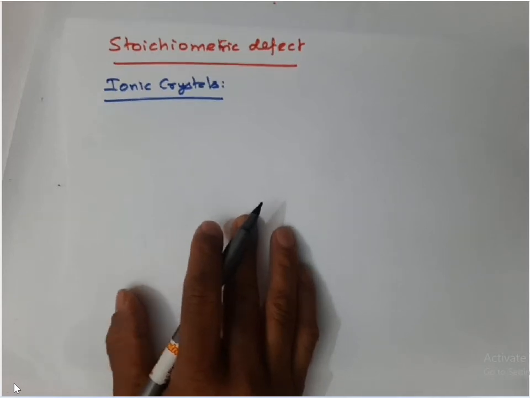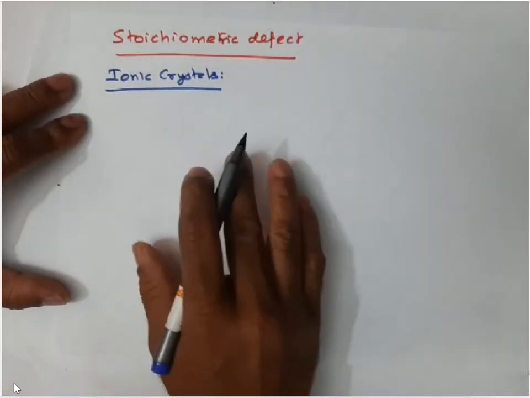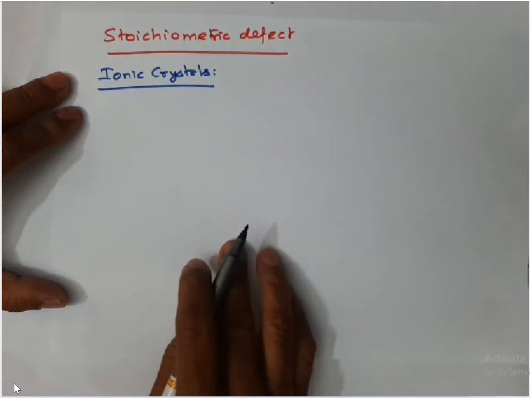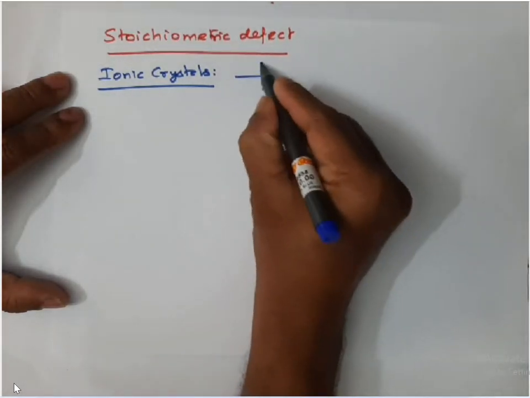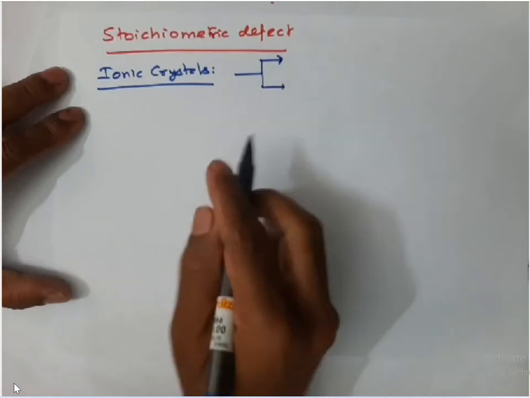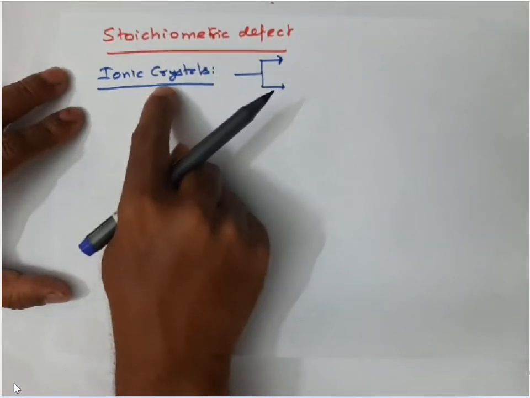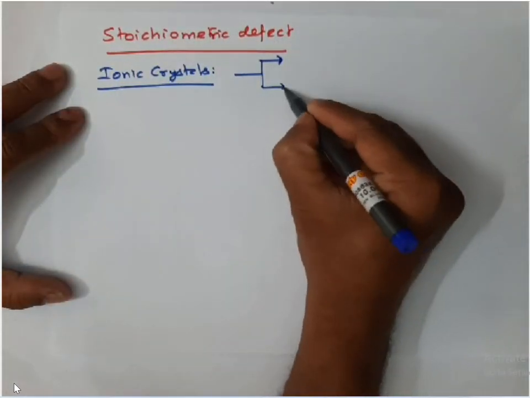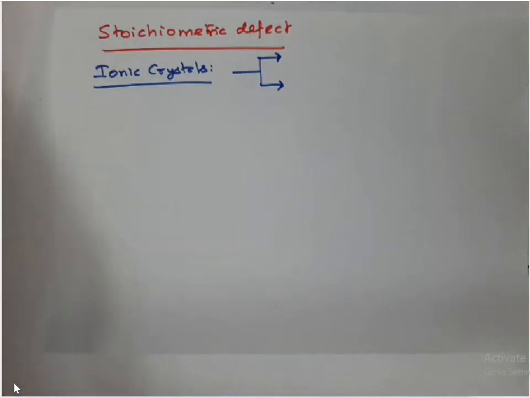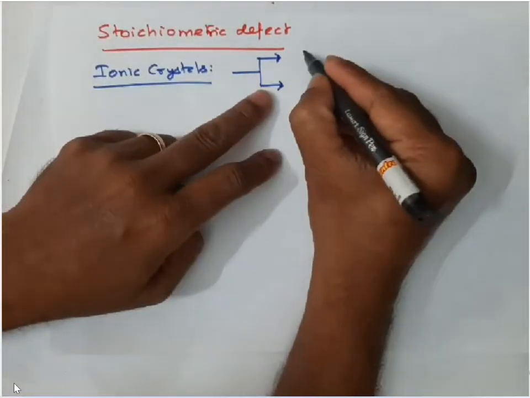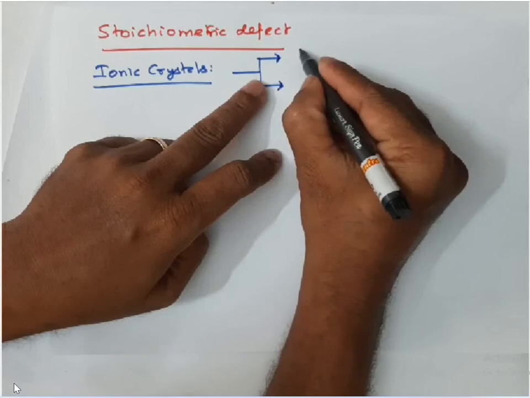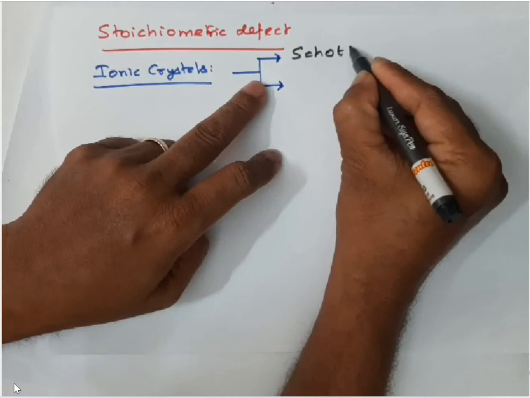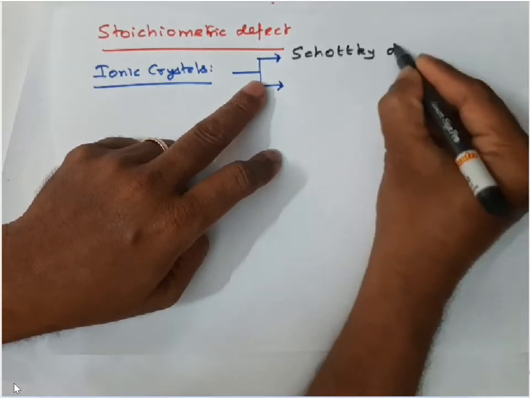In the case of ionic crystals, there are two stoichiometric defects. What are the two types of stoichiometric defects? Number one is Schottky defect, S-H-O-T-T-K-Y, Schottky defect.